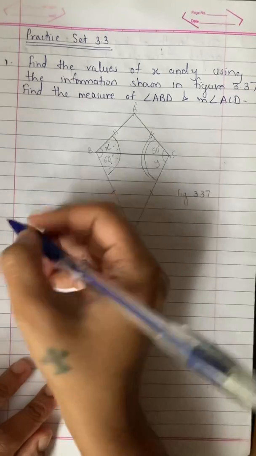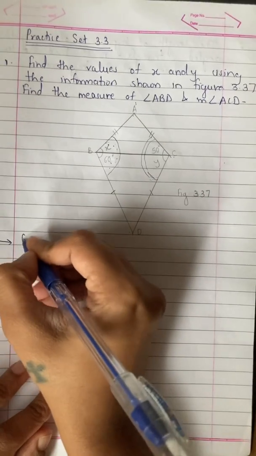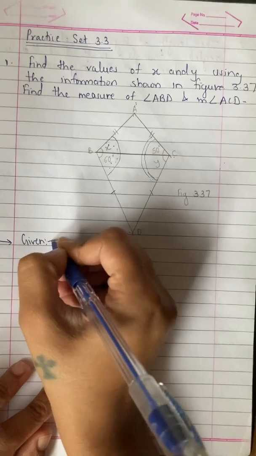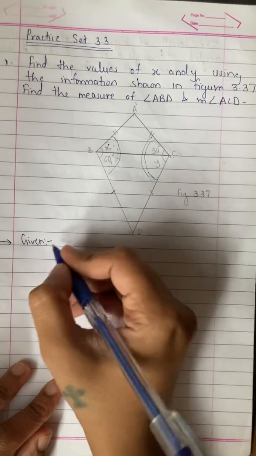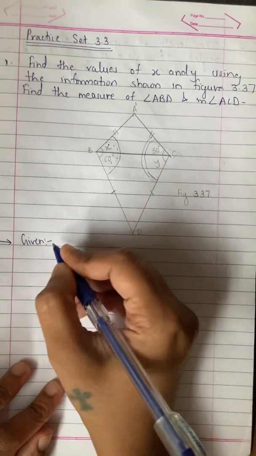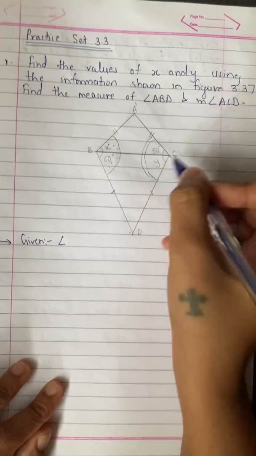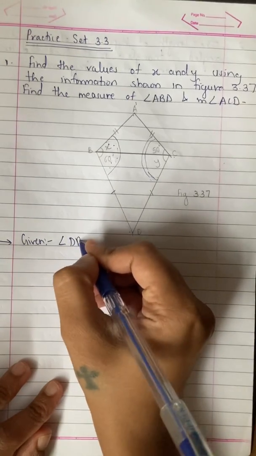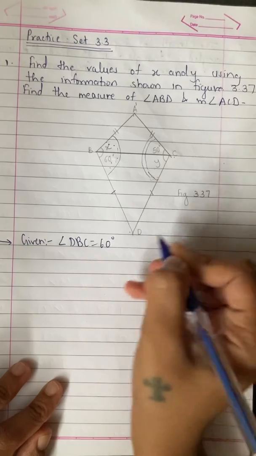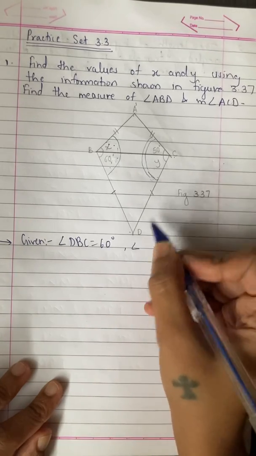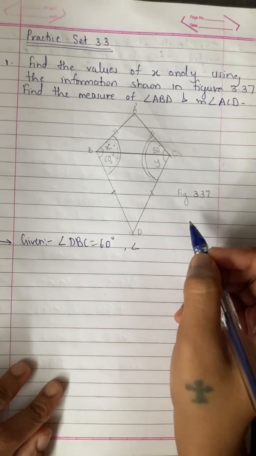Okay, so just write down what all things are given in the solution. Angle DBC is equal to 60 degree. Angle DCB we don't know.